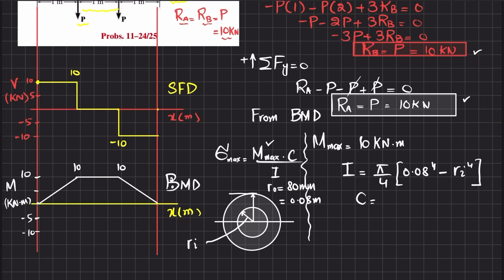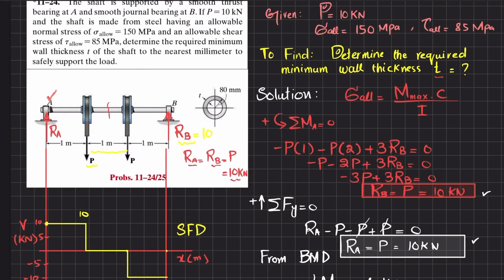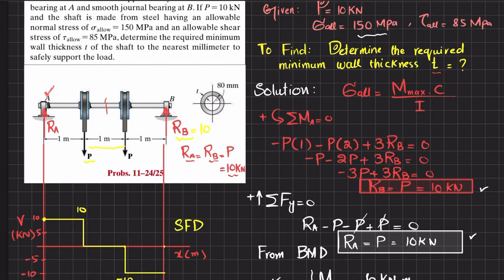So this distance will also be C. So C is equal to R outer, which is equal to 0.08 meter. Now you have all the values. Our maximum allowable stress is given, the maximum moment is available, C is also available, and I is also available. Just put the values. Allowable stress is given as 150 megapascal.